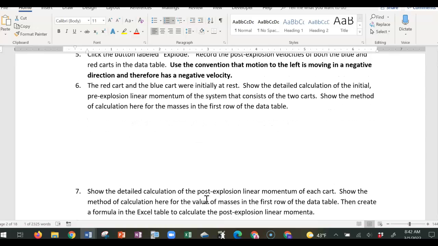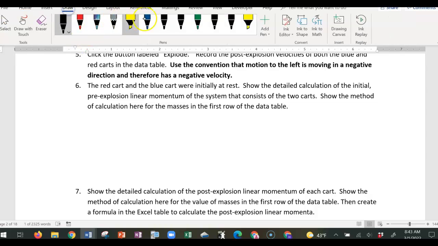Okay, so in step 6, it says the red cart and blue cart are initially at rest. Show the detailed calculation of the initial pre-explosion linear momentum of the system that consists of these two carts. So the initial momentum of the system, so I'm going to put an I there for initial, it ought to equal the initial momentum of the blue cart plus the initial momentum of the red cart.